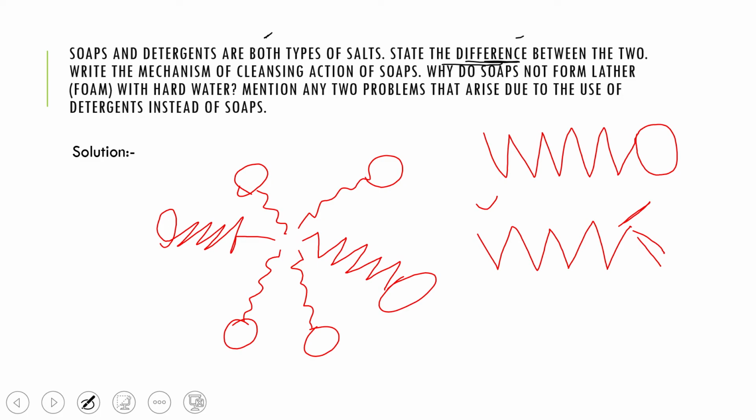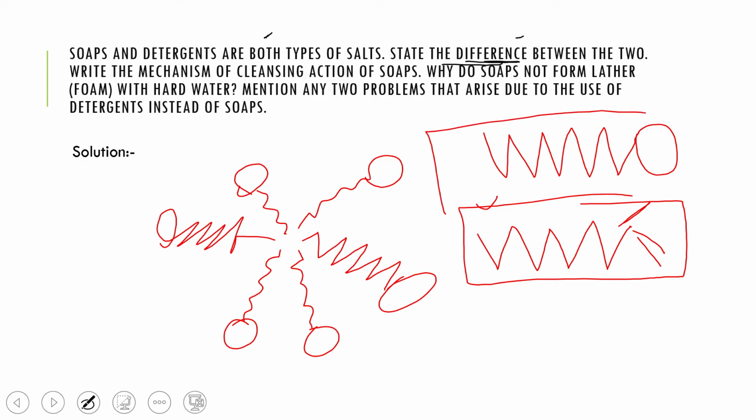A double bond and single bond. That's for structure, and this is a fixture structure which we make till 10th. Let me just hide this for a moment. And mechanism.